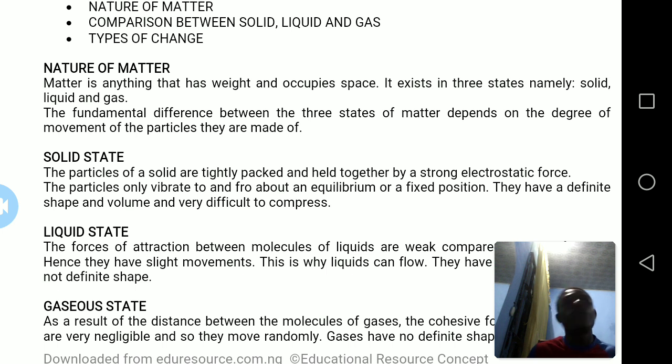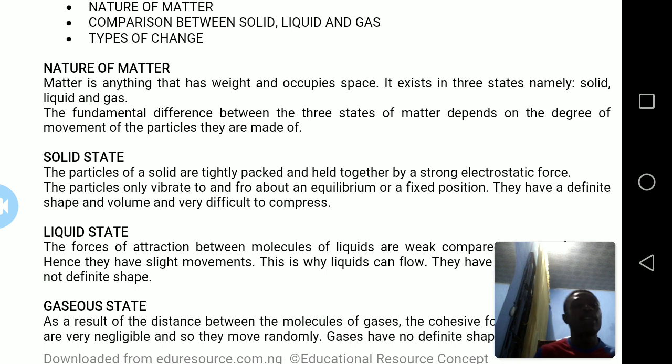For instance, if you mistakenly join the red wire to the black wire and the black wire to the red wire, it will repel. If you are using a generator, it will almost explode. Do you understand? So they are saying here that solids are held together strongly by electrostatic force. There's a force that holds the solid form of matter together.